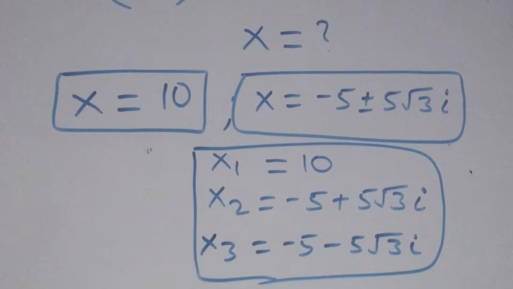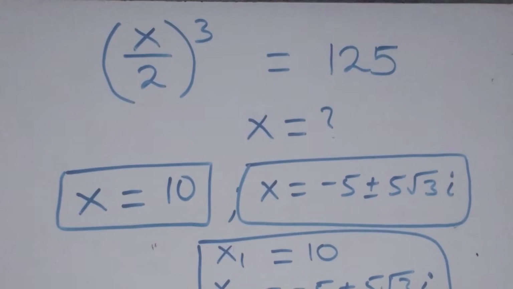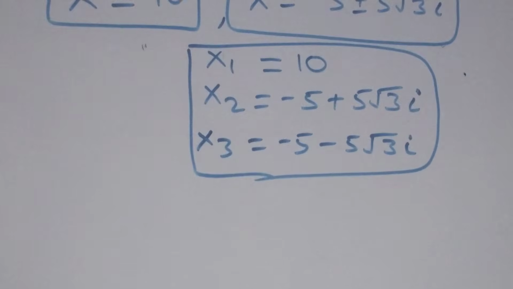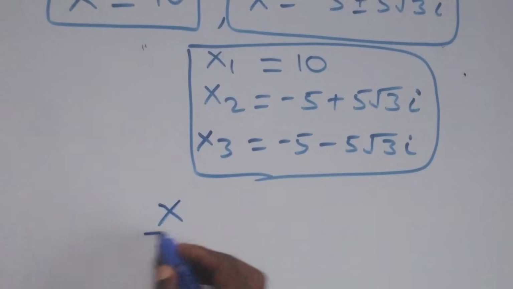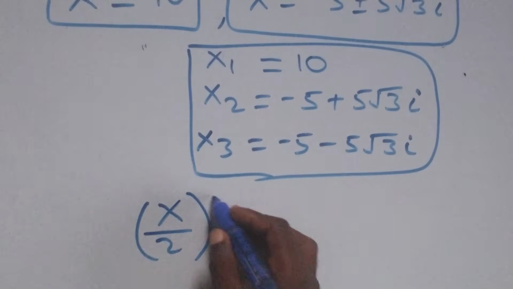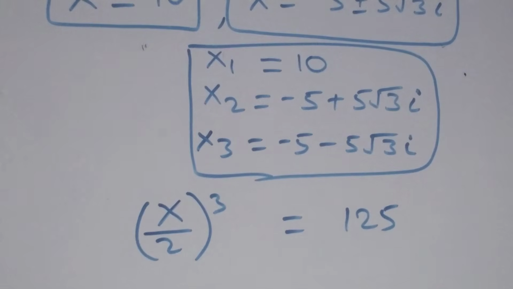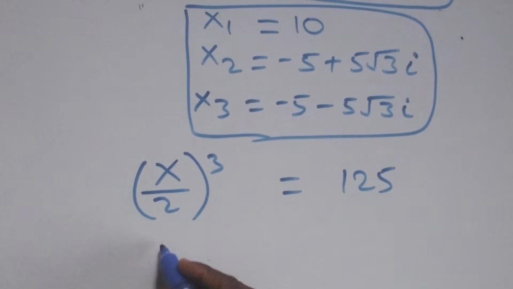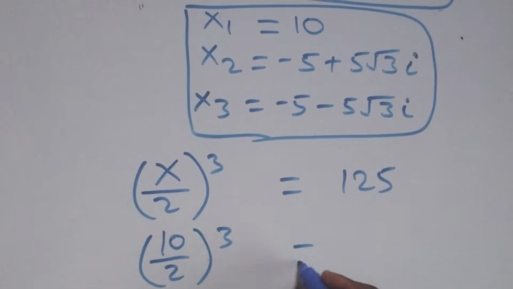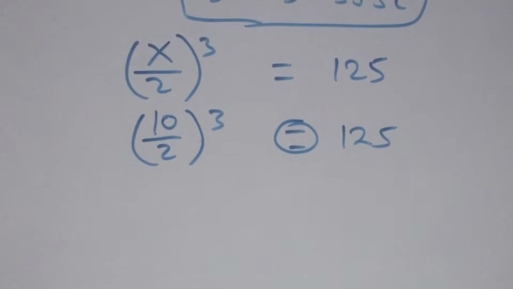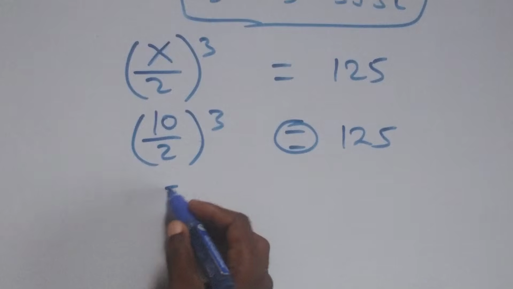And we can check if this satisfies the given problem. We have (x over 2) whole raised to power 3 equals 125. So when we substitute the value of x, when x equals 10, this becomes (10 over 2) all raised to power 3, is it equal to 125? From here, 10 over 2 is 5.